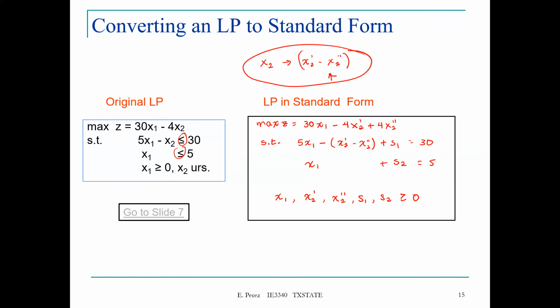So I showed you how to transform a linear programming model into standard form. We explained different cases, the cases in which you have less than or equal constraints, the cases in which you have greater or equal to constraints.